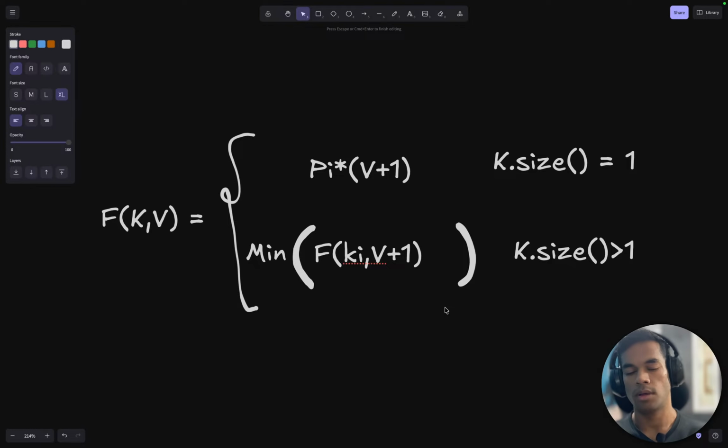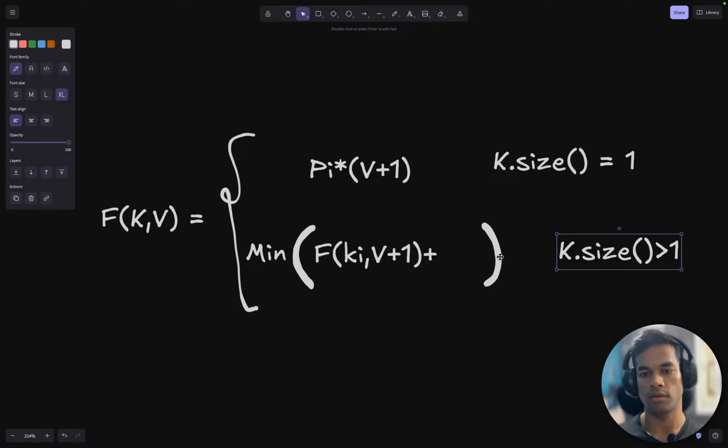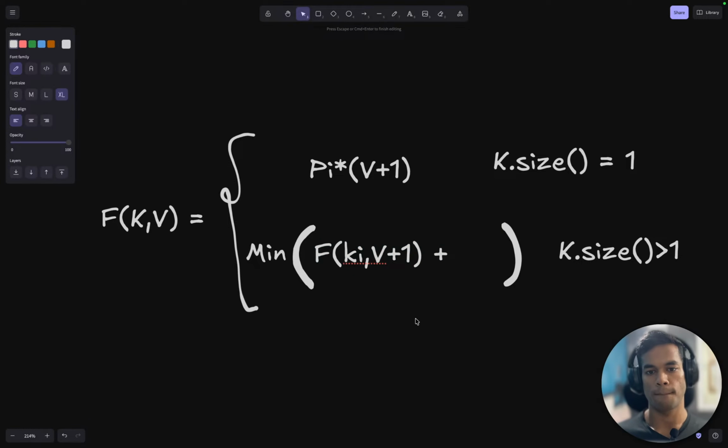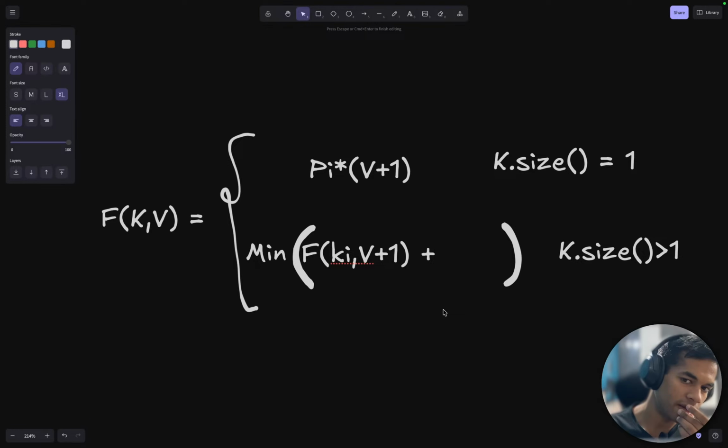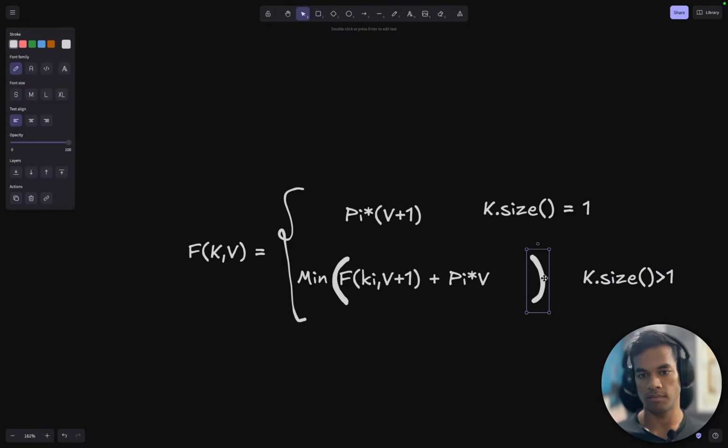That doing something would be to add to this pi into v plus 1, probability for this root. Yes, that is correct. Seems correct.